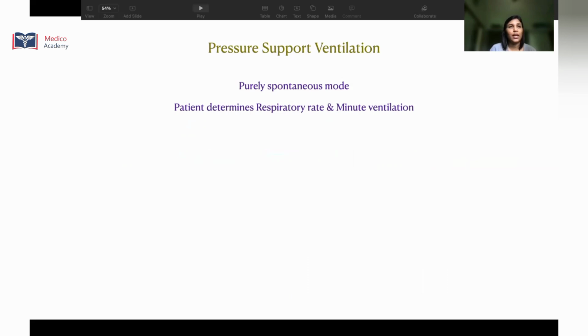All breaths are by the patient, so it's the patient who determines the respiratory rate and hence the minute ventilation. Usually pressure support ventilations are pressure targeted or pressure limited. So the pressure is decided by you, but the respiratory rate and minute ventilation will be solely decided by the patient. So this is also used as a weaning mode.